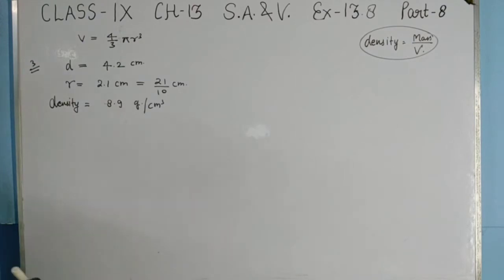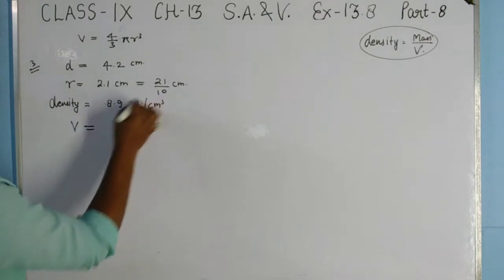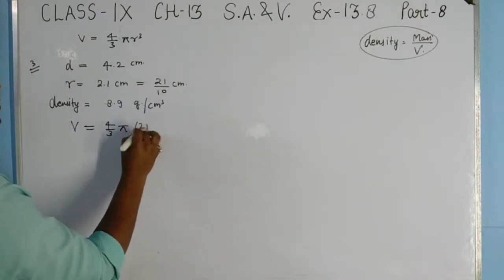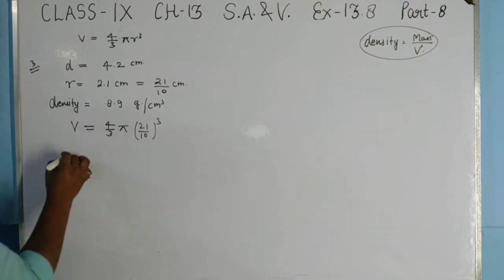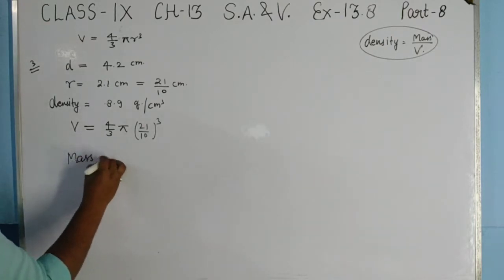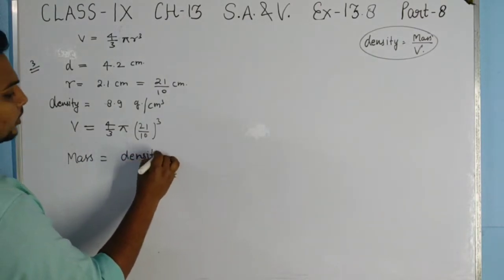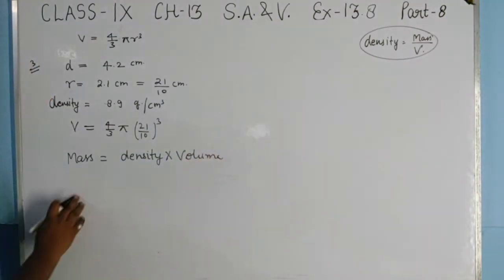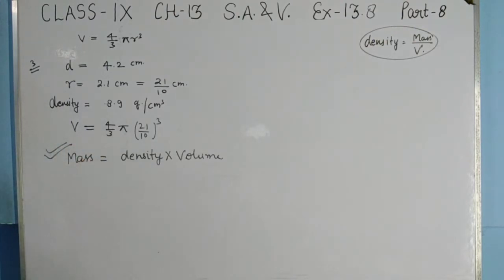If you want to find the mass, firstly we have to find the volume, and volume will be 4 by 3 pi r cube, that is 21 by 10 whole cube. This you have to find firstly. After finding this volume, from the formula we get mass is equal to density into volume.